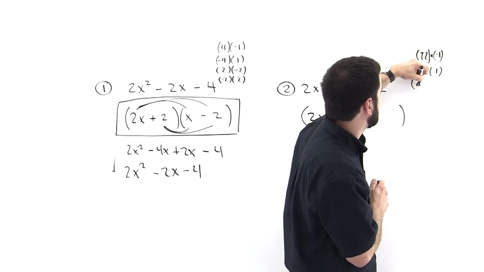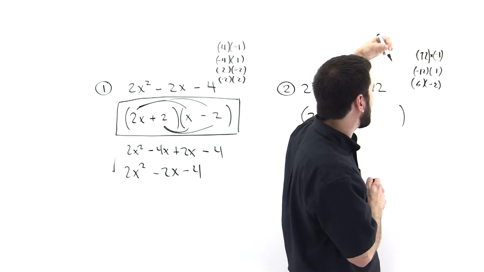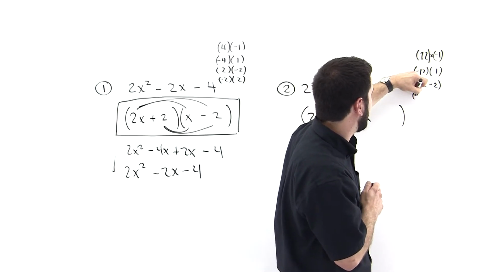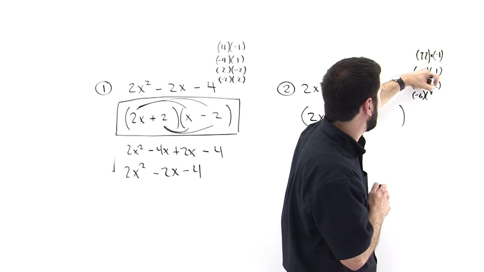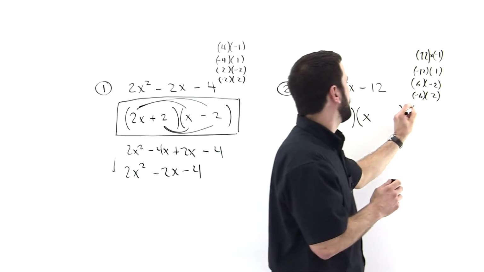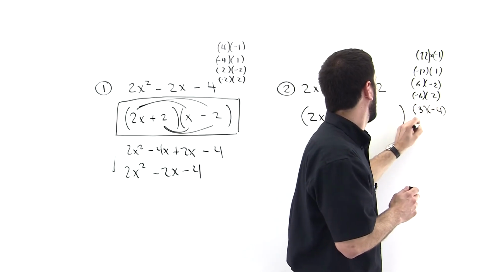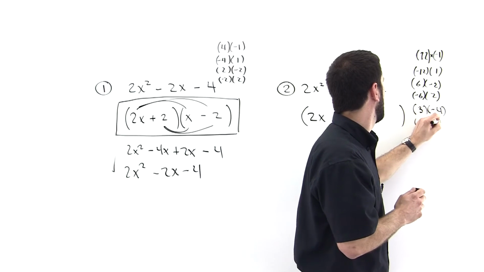So we could have 6 and -2, right? Because it has to be -12, the product. And then -6 and +2. And then 3 and 4, right? So 3, -4, or -4, comma 3.